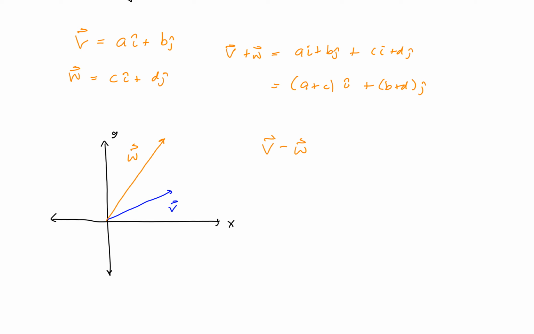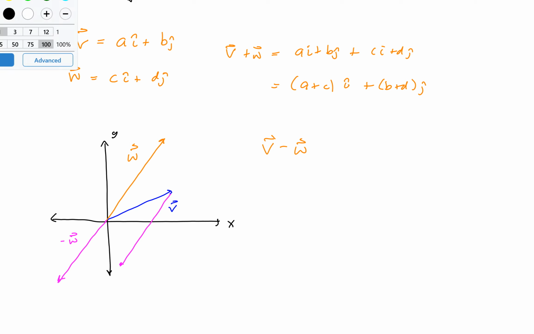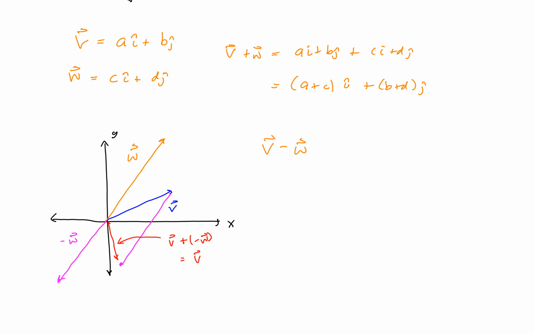One thing we could do is take negative w, so negative w would look like this, and we can add that to v. So we could put that at the tip here, and then notice my new vector would be something like this. So this would be v, really it's v plus negative w, which is v minus w. So that's one way to do it.